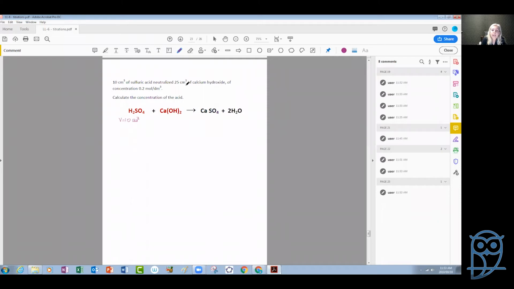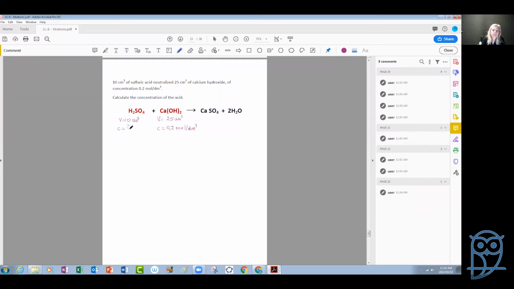It neutralized 25 cubic centimeters of calcium hydroxide of concentration 0,2 moles per cubic decimeter. So the concentration of this calcium hydroxide is 0,2 moles per cubic decimeter. Okay. Calculate the concentration of the acid.